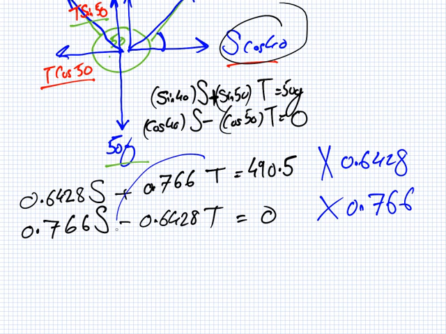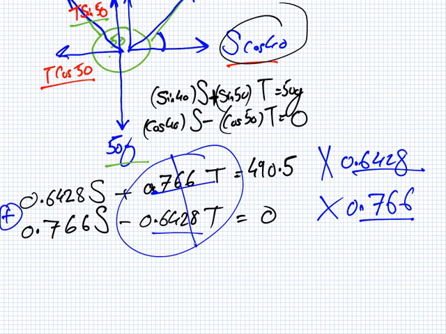Because then these will become the same, since multiplying this by this is the same as this one multiplied by this one. Then you add them, and they cancel, and you're left with an S, and then after the S you get the T. So I'm going to pretend I did that. That's not difficult, that's just basic maths.